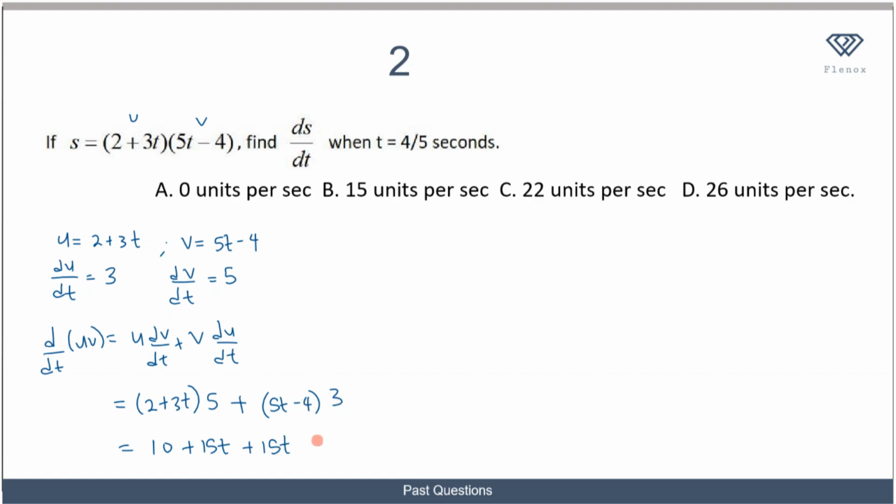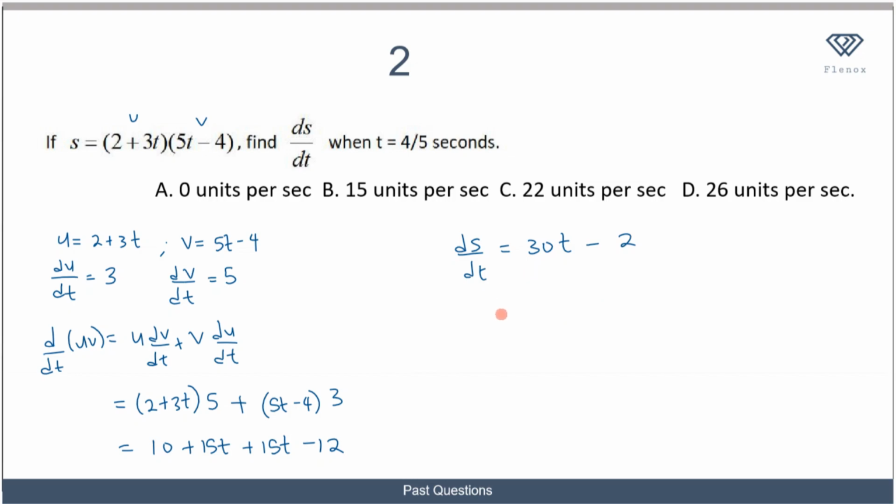And minus 4 times 3 gives me minus 12. So when I collect like terms, I have my ds over dt equal to 15t plus 15t, which gives me 30t, and 10 minus 12 gives me minus 2.